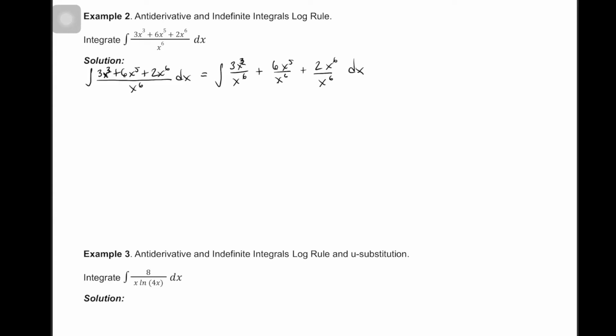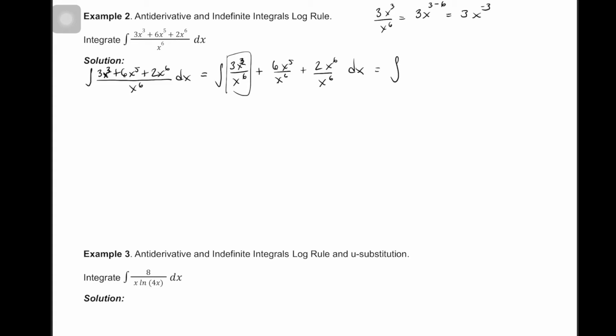So we will simplify these, and in the first one, 3x to the third over x to the 6 is the same thing as 3x to the third minus 6, right?